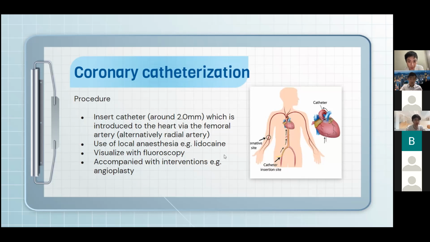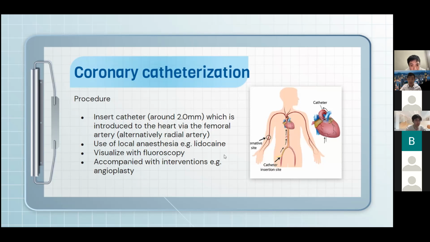A cardiologist will open an incision and insert the catheter from an opening that allows entry to the femoral artery. Alternatively, if the femoral artery is unable to be used, which is usually quite rare because after all, you have two femoral arteries, one on the left and one on the right, then you can use the radial arteries instead, because those are also large enough for the catheter to be introduced.